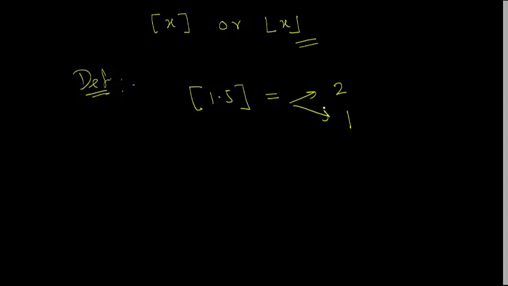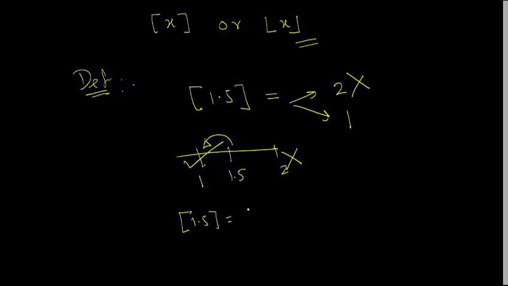But there is one more condition in the definition: it will give you an integer output, and that output has to be on the left side of the given number on the number line. Its left side integer is 1, that is accepted, 2 is not accepted. So greatest integer of 1.5 is 1.